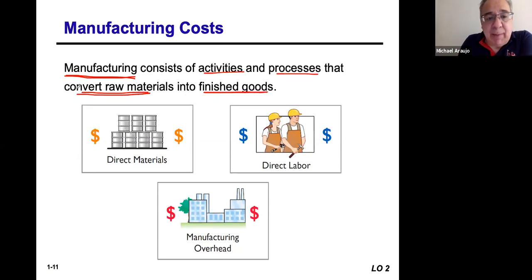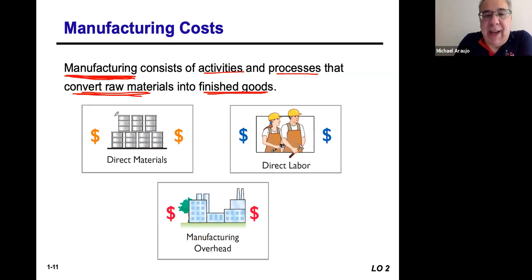Or any other type of raw material, sugar, for example, or cotton, and with a finished good of, say, a soft drink or a piece of clothing. Right. So this is the process that we're looking at within manufacturing. That's what you have to really accept in this class. This class is going to be lots and lots of information about manufacturing, the making of stuff.